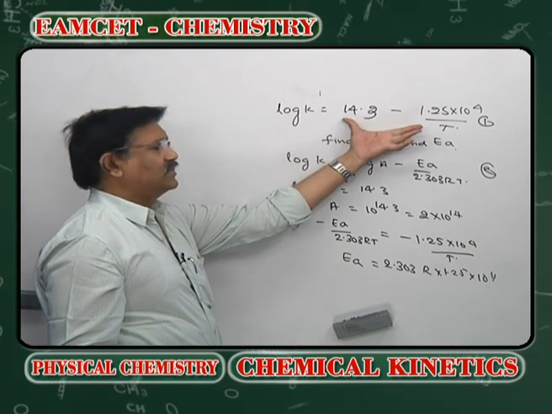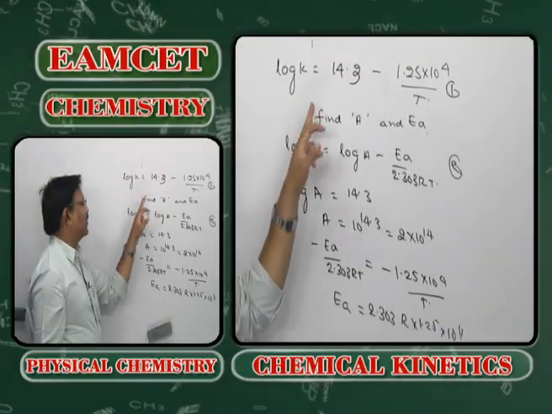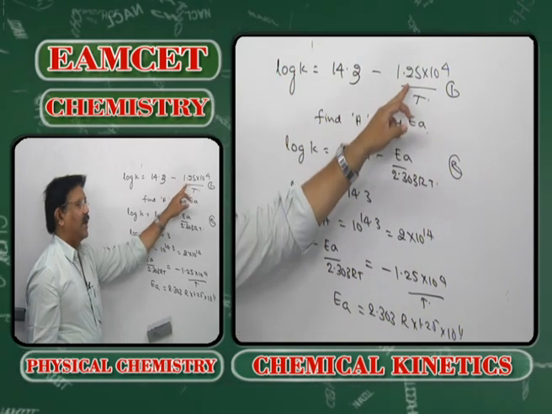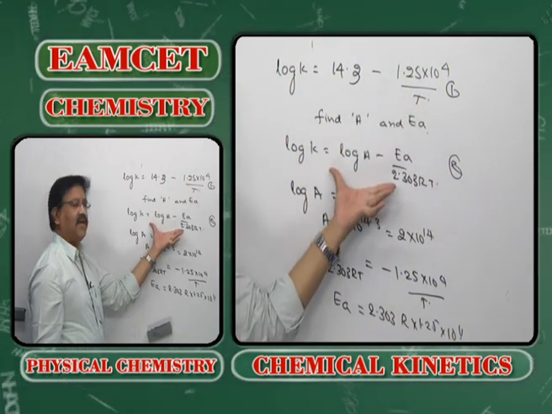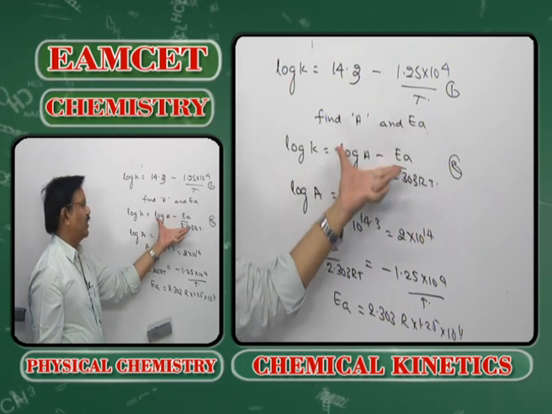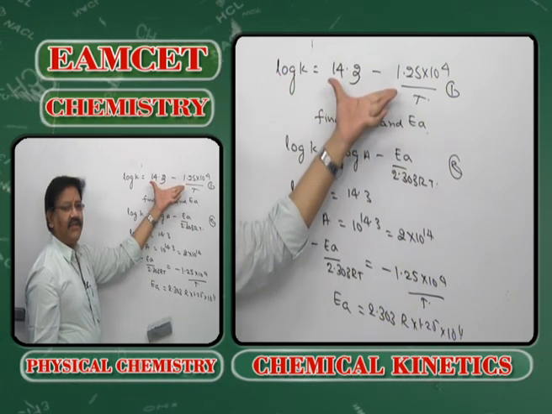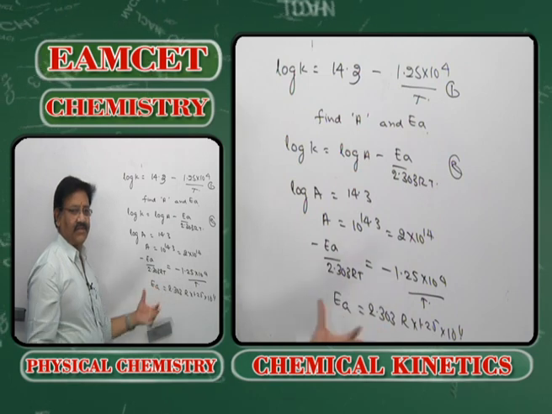What is given? This is the expression given, from which we have to find the A value and activation energy. This is the standard relation. We have compared the standard relation with the given relation, and we got these results.